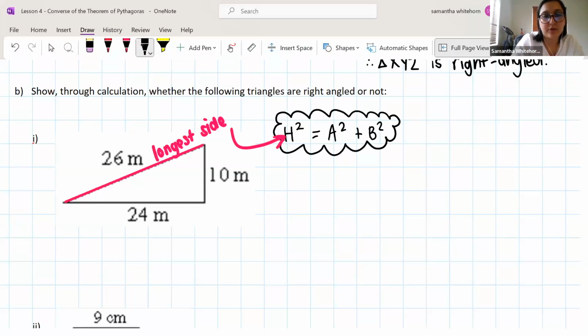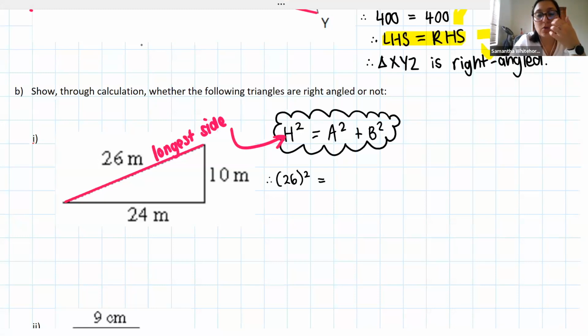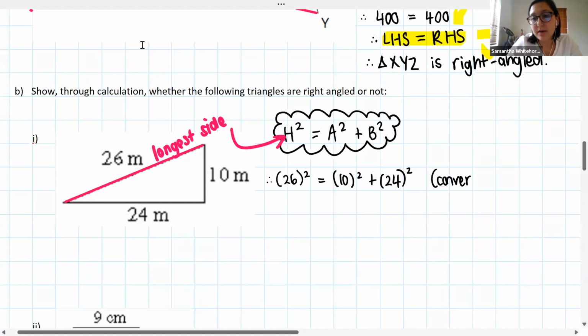So we will have 26 squared is equal to, and again, it doesn't matter what order you now substitute in the other sides. You could say 10 squared plus 24 squared, but you could also say 24 squared plus 10 squared. Now, guys, remember, we have to give a reason. So this is now converse Pythag. And remember, I don't need you to write out Pythagoras. Pythag is absolutely fine.